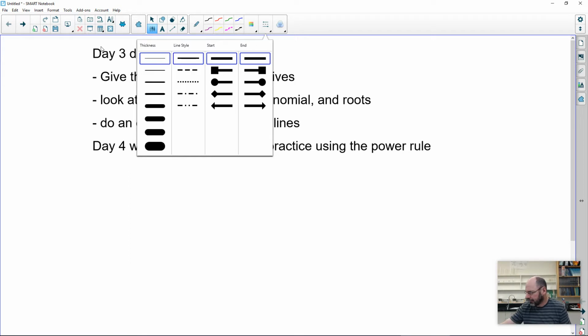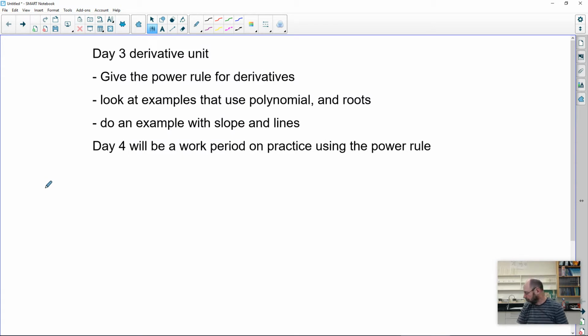So if you're doing the power rule for derivatives, you might have figured it out already.